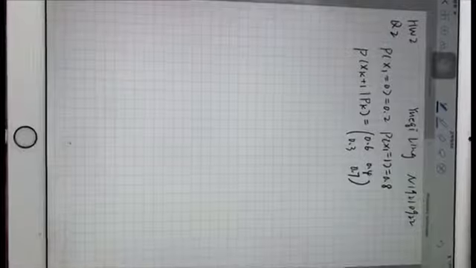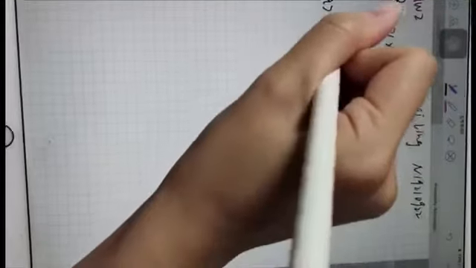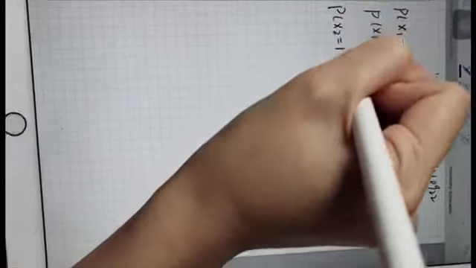Now we can look at the questions. Question A is to find the probability of x2 equals 1.